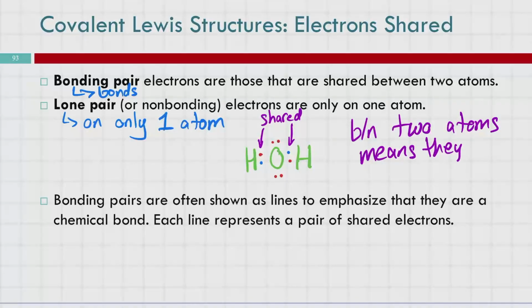So between 2 atoms means they are shared, they're bonding. Just like the memories that you make with your friends in chemistry class bring you closer together, bonding. So those are our shared pairs.